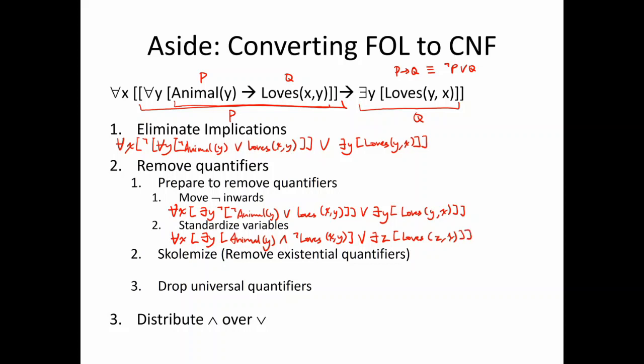To remove existential quantifiers, we have to Skolemize. In this case, we have a universal quantifier x surrounding everything. So instead of using a Skolem constant, we have to use a Skolem function.